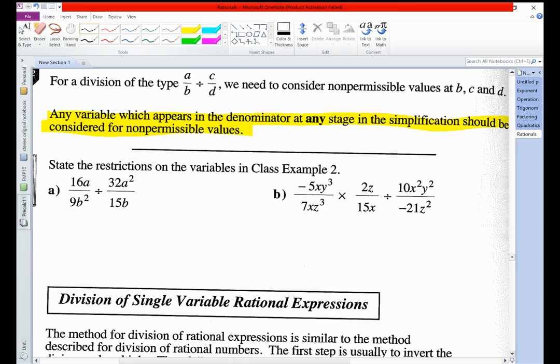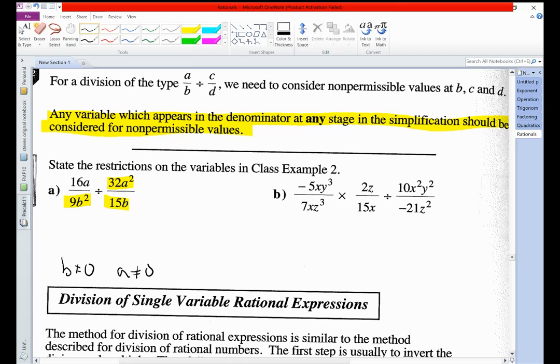As it stands in the first one, the only thing we need to worry about is b can't equal 0. And that's our non-permissible value for that one and that one. But we also know that we're going to flip this equation around. So now we have another non-permissible value of a can't equal 0.